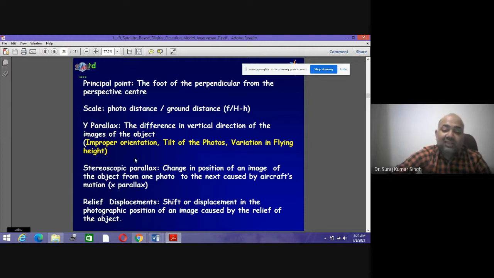Stereoscopic parallax is the change in position of an image of the object from one photo to the next caused by aircraft motion, and that is the x parallax. Relief displacement is the shift or displacement in the photographic position of an image caused by the relief of the object.